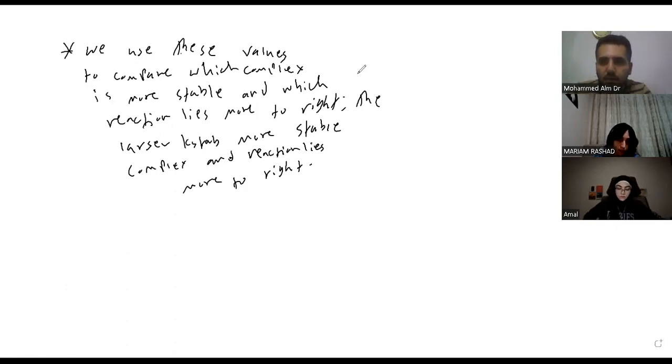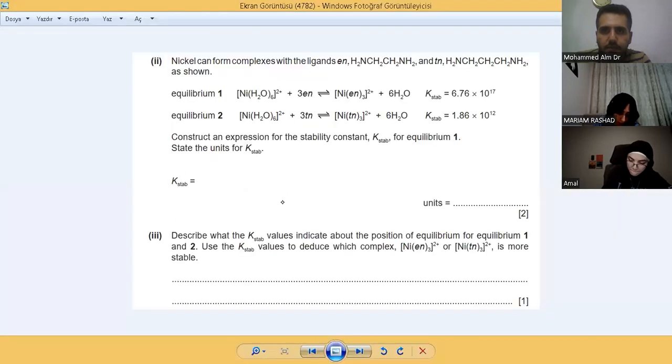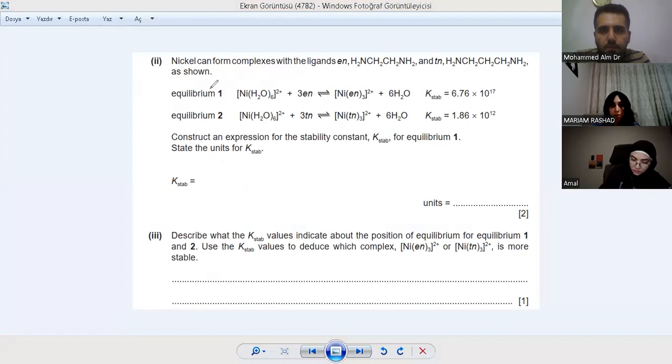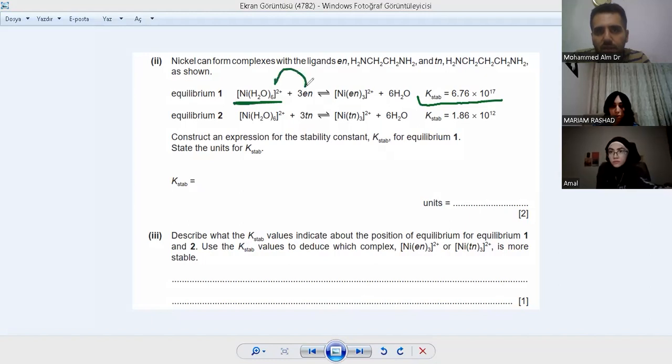So let's see now a question belonging to this note. Take a look in here. We have two reactions and we want to measure their Kstab value. As you see, we have an aqueous solution of nickel and we are adding to it en, and this complex's Kstab value is given here.